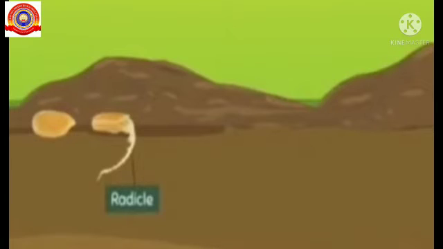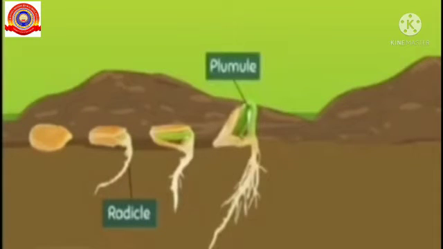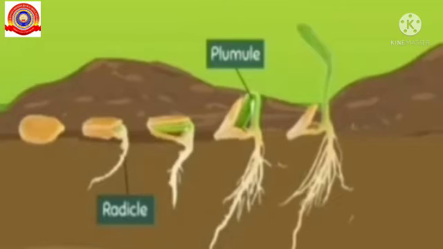And after some days, we can see a part that grows in the upward direction. It is called the plumule. So, children, the plumule is the part that comes out after the radicle and it grows in the upward direction. Is it clear? Okay.